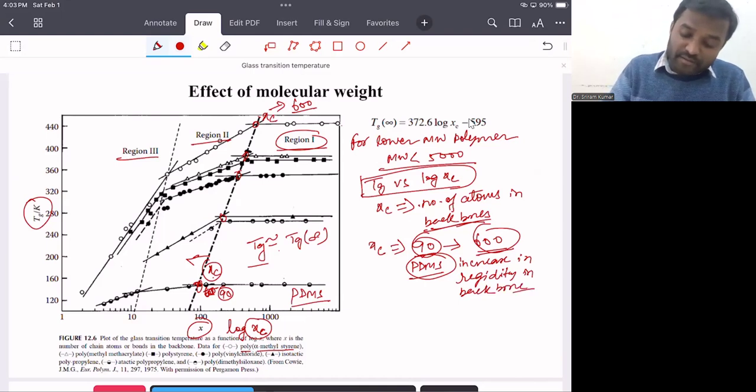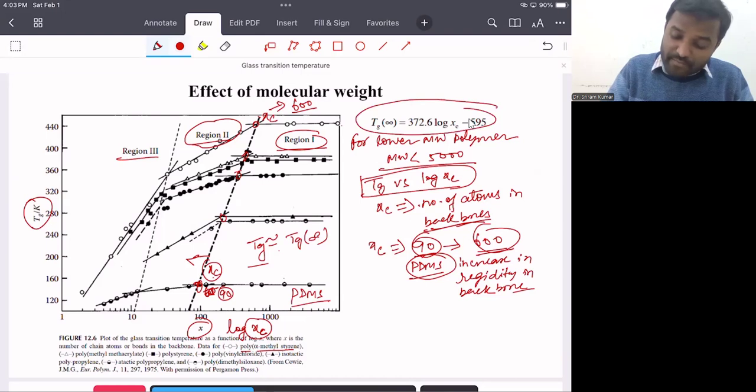And in regions 3 and 2, we have the dependency of Tg on log Xc. So in region 2, we have this relation, where Tg depends on the log Xc values.